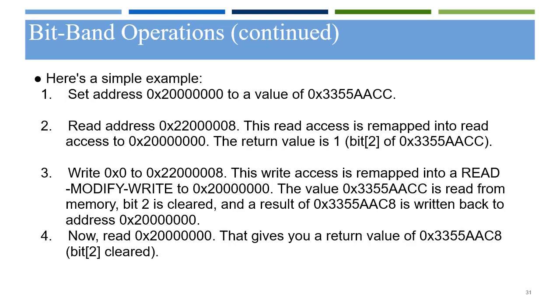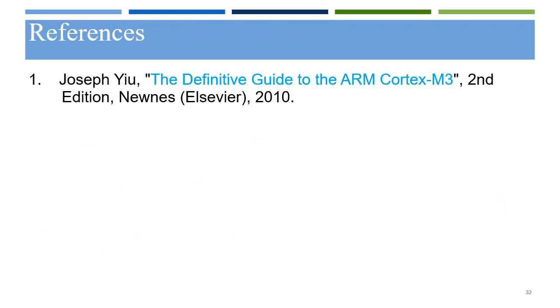Now bit 2 will be cleared and the result 3355 AACC will change to C8 because bit 2 has been cleared. Then that is written back to the address 20000000. Now if you read the 20000000 location, that gives you a value of 3355 AAC8 because that bit 2 has been cleared. This is the reference book for this topic.